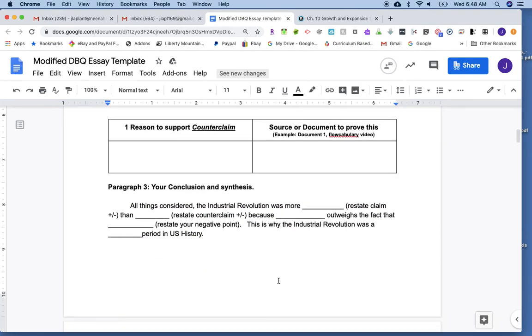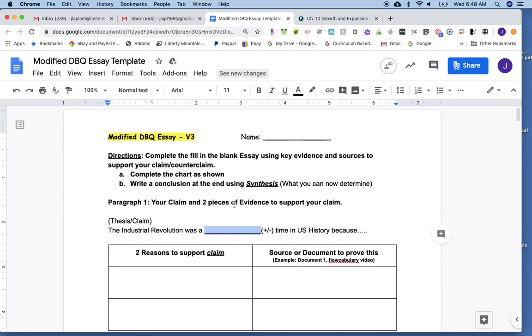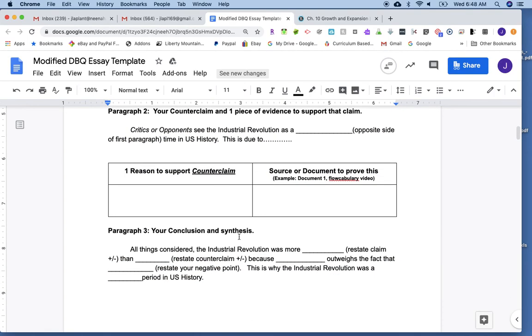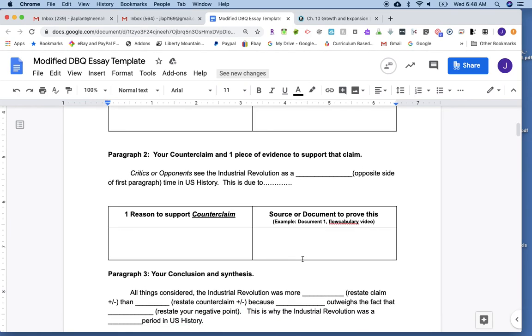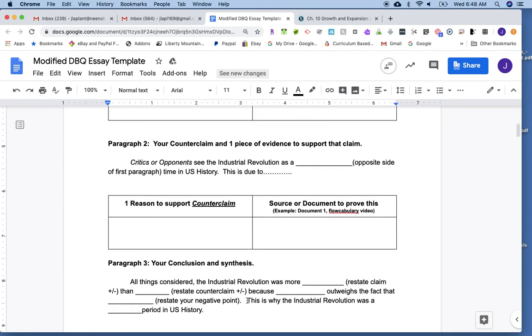And then lastly, in this paragraph, all you have to do is fill in these blanks. All things considered, the Industrial Revolution was more positive or negative. So you're restating what you said up here. Is it positive or negative? Because blank outweighs the fact that blank, you're going to restate your point.